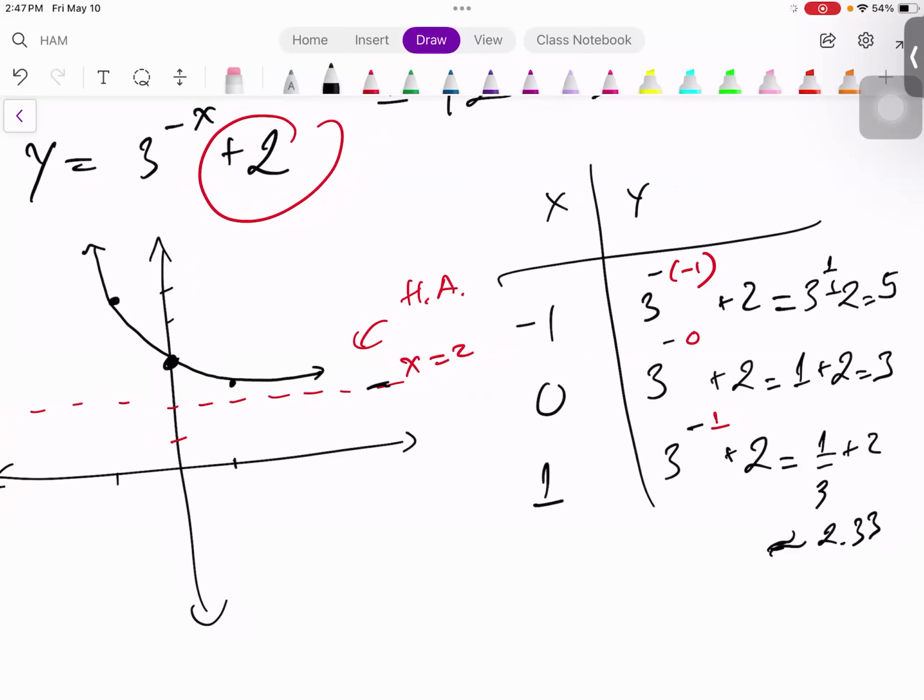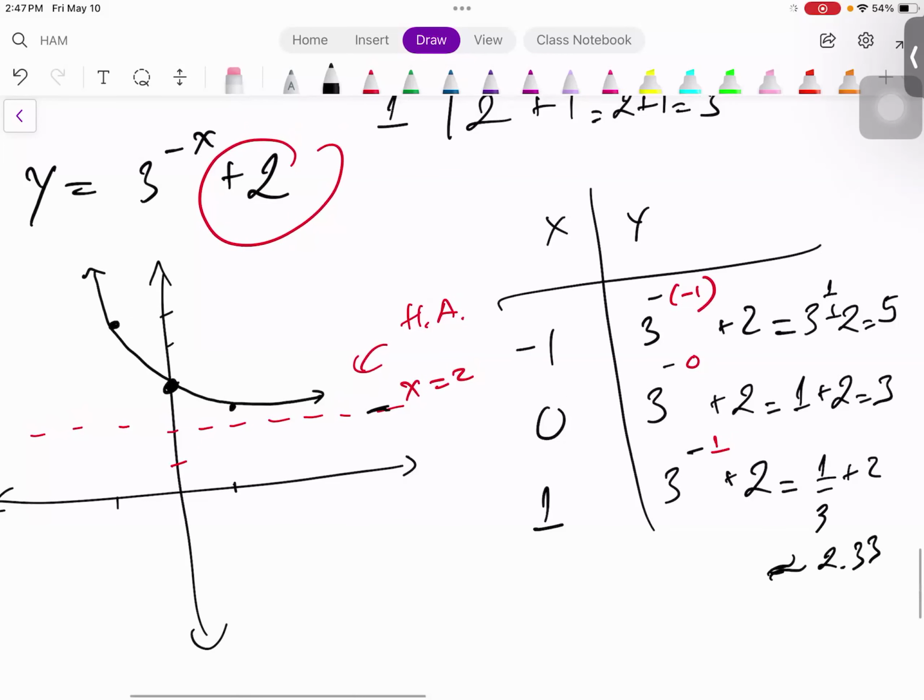Now, let me ask you, is it decay or growth? Decay. Well, you said when the number is larger than 1, then it should be growth. Why is it decay? The number is 3. The negative exponent, what does it mean? It actually is not 3, it's 1/3.